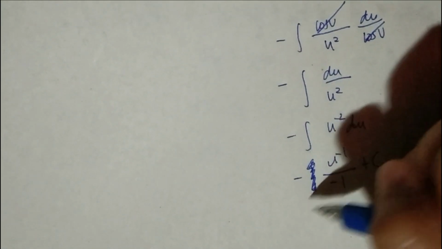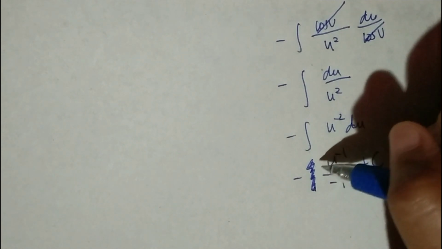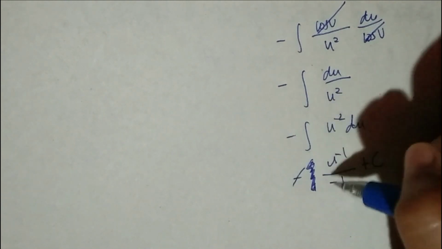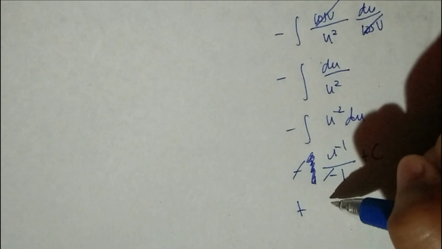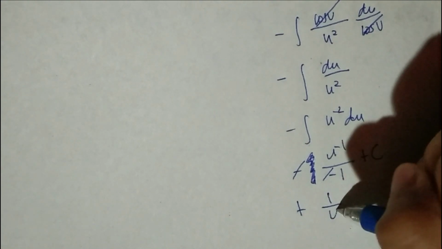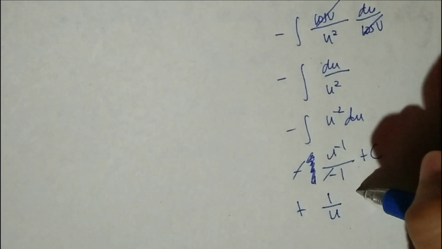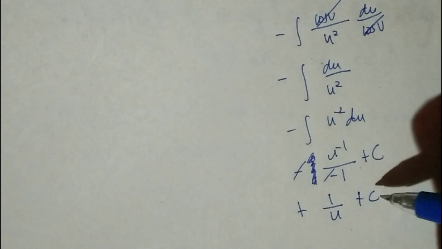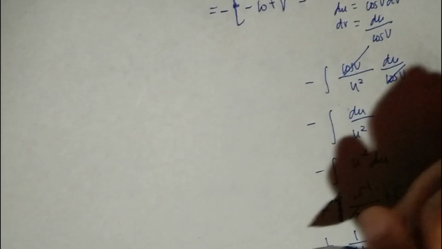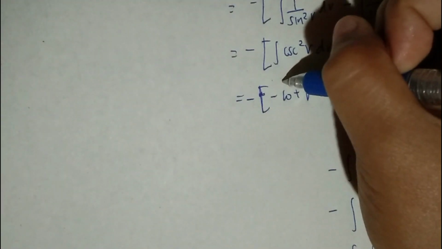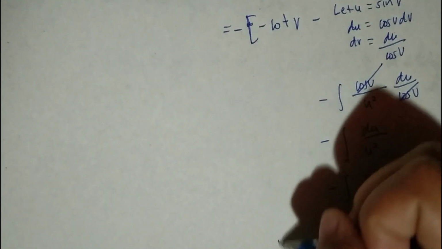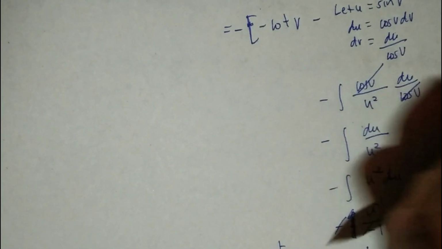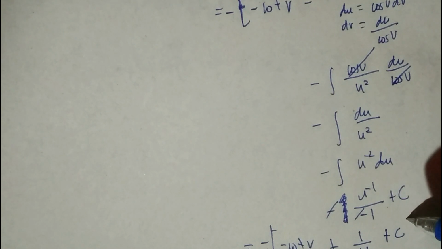Sorry for that. The negative sign will be cancelled. It will be plus 1 over u plus c. So let's write this one: negative cot v + 1 over u + c.